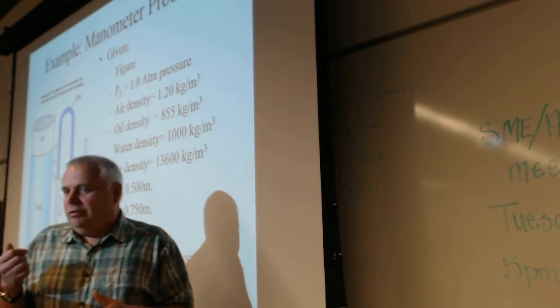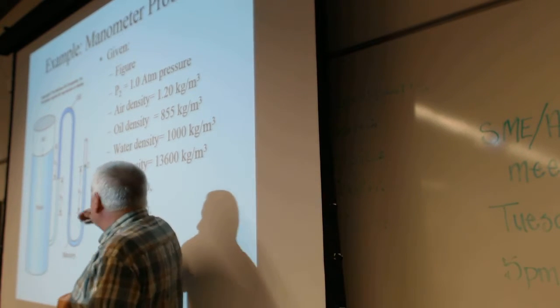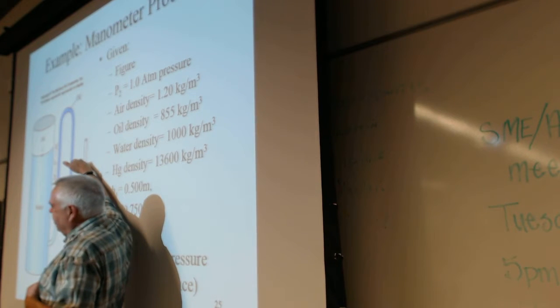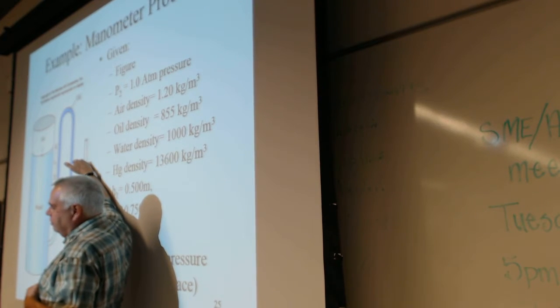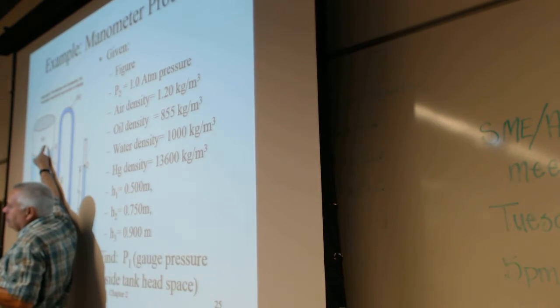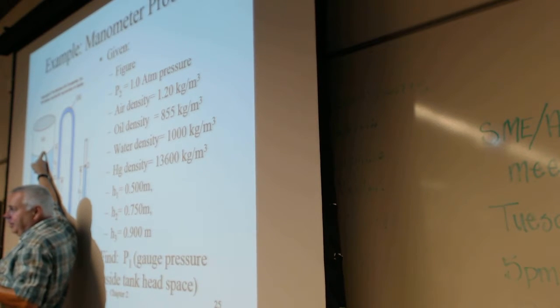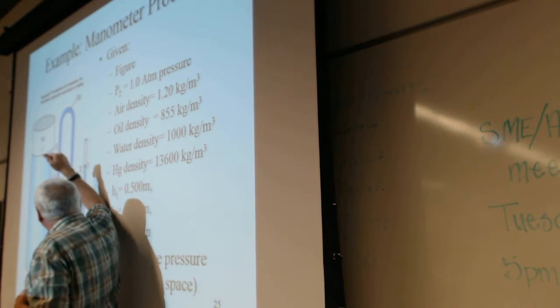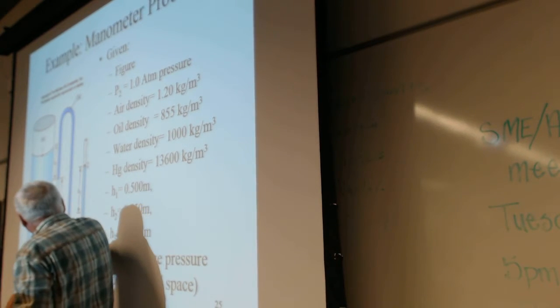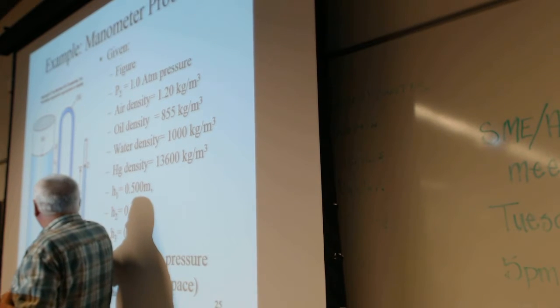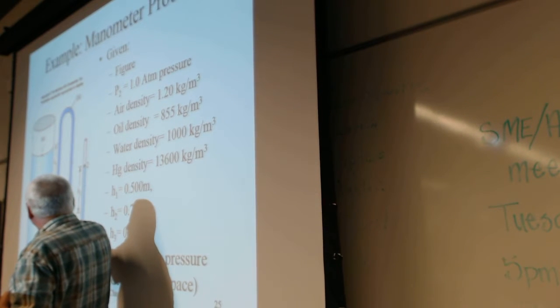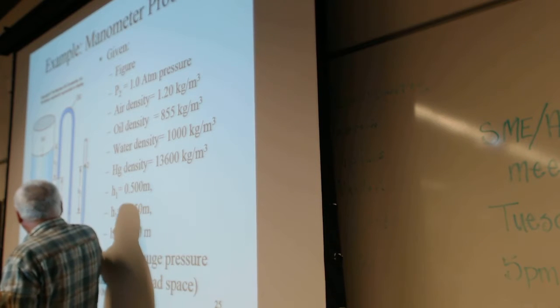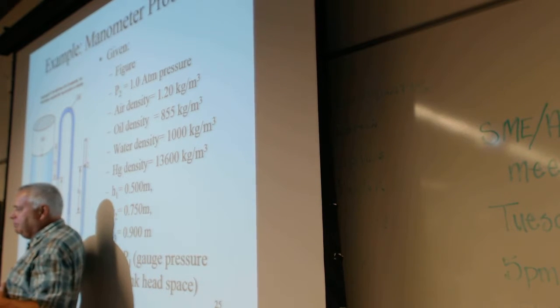But if I'm doing it in terms of gauge pressure, I can say atmospheric pressure is here, that's what I'm measuring things relative to. So what would a gauge read if I put a gauge on here? I didn't have a gauge on here, maybe I need one, but I want to know what that pressure is. For the first term, this fluid happens to be mercury, and we wanted to isolate the mercury from the water because we don't want to drink mercury.